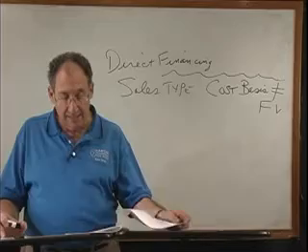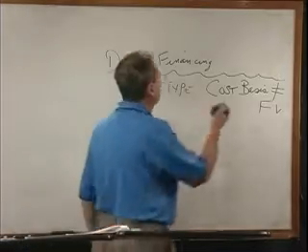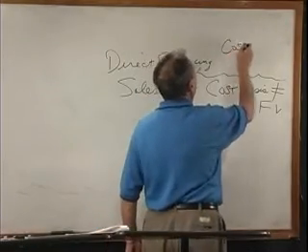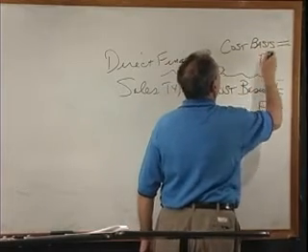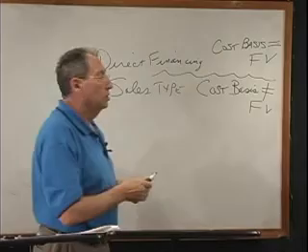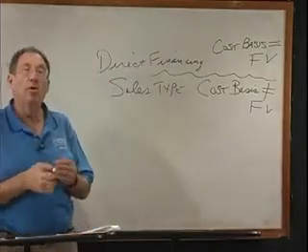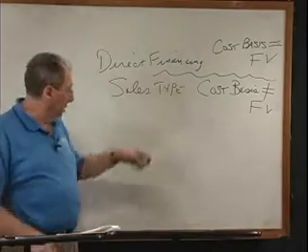For a direct financing lease, the cost basis, that is the carrying amount on their books, does equal the fair value of the asset on that date. Now remember, this is on the lessor's books.